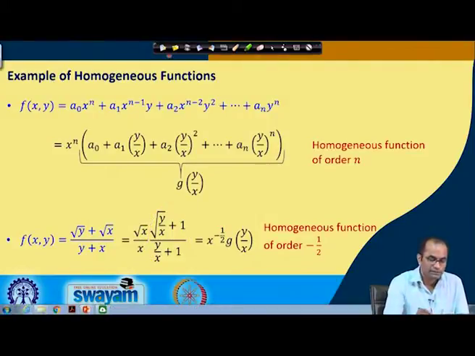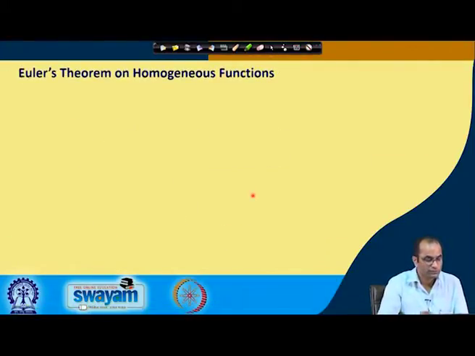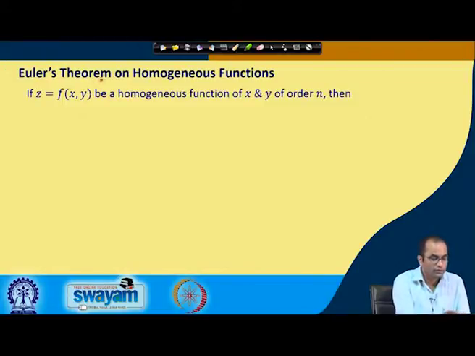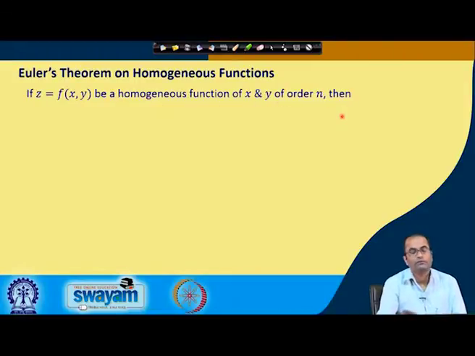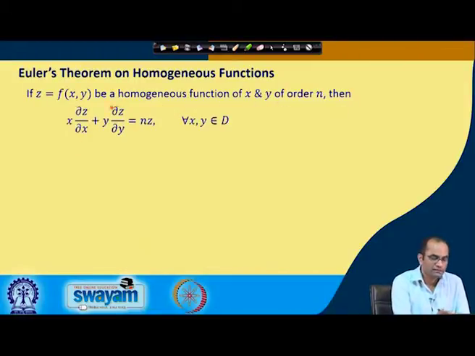So, precisely what is called Euler's theorem on homogeneous functions, and it says if z is a homogeneous function of x and y of order n and these partial derivatives exist and so on, then we have this expression here: x times the partial derivative of z with respect to x plus y times the partial derivative of z with respect to y will be equal to n z.